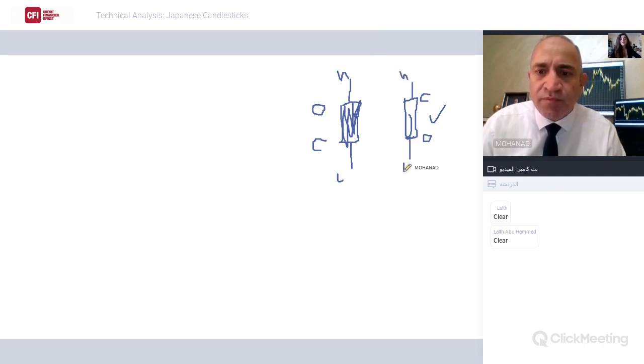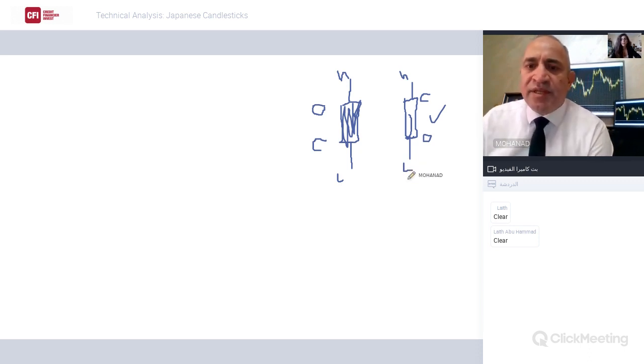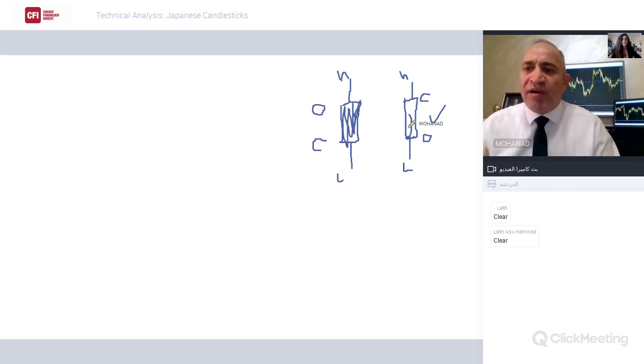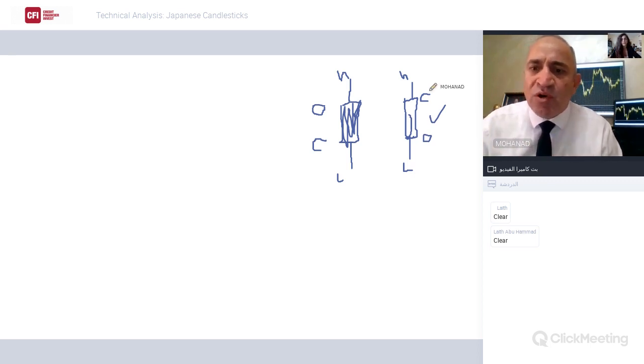Perfect. So basically, the highest and the lowest points are in those tails. Yes, the shadow or the tails, it's the same meaning. Some call them shadows, while others call them tails. They represent the highest and the lowest price in the session. While the white candle means we have buying momentum, buying pressure, that's why the close will be higher than the open.